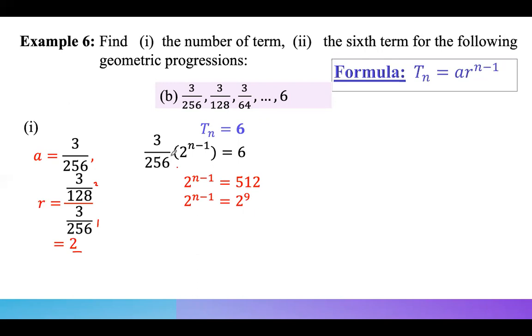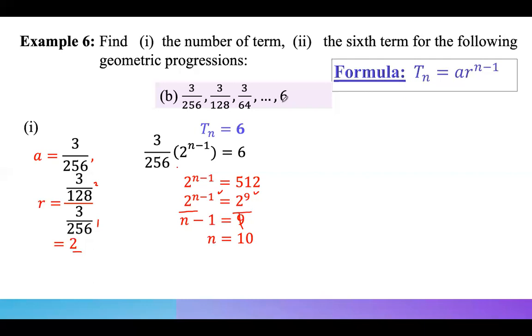Remember, if the base is the same, then the power must be the same. So n-1 must be equal to 9, so n is 10. There are 10 terms here.